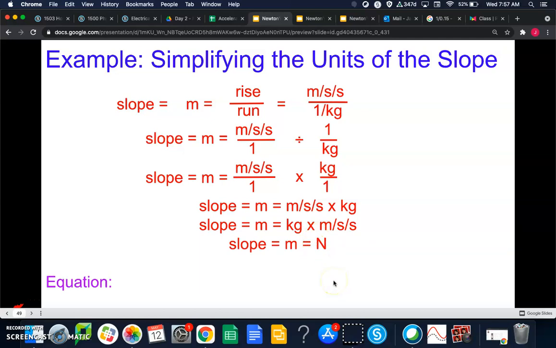So really, our slope of our equation is in newtons, and that should make sense because we showed on the previous slide that our slope is really just the net force, and force is measured in newtons. So I'm going to rewrite the equation and simplify those units. The equation is going to become A equals 0.245 newtons times 1 over meters.